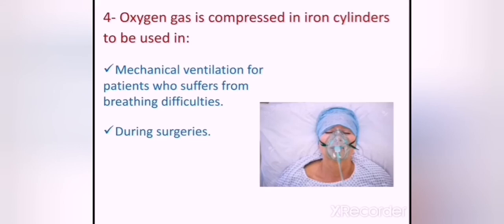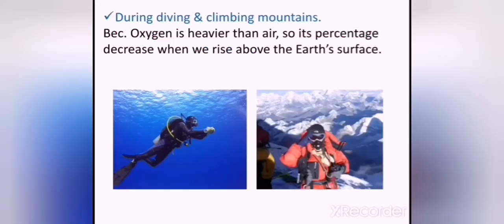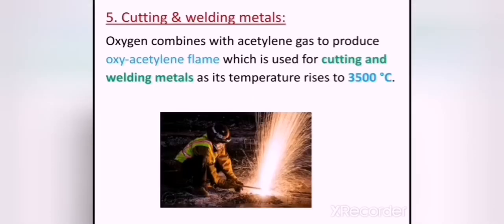And oxygen gas can be compressed in iron cylinders to be used in medical ventilations and during surgeries and during diving and during climbing the mountains, because the oxygen gas is heavier than the air, so its percentage will decrease when we rise above the Earth's surface.